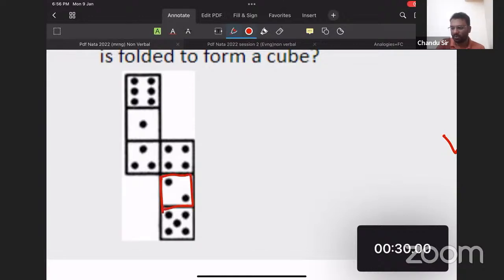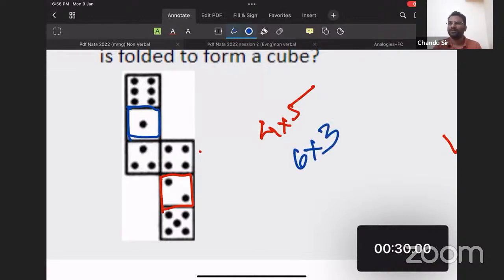Just take 2. So this 4 and 5 will simply be opposite. And you can take the other centerpiece, 1. You can easily find 6 and 3 as opposite. The top bottom shortcut is working here.